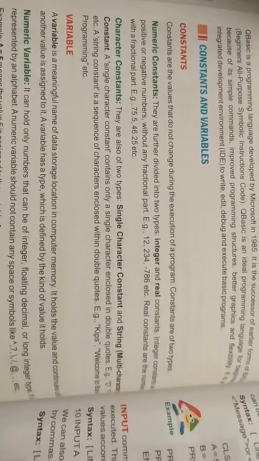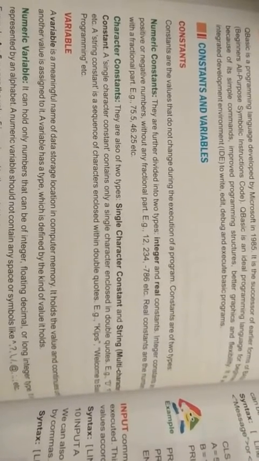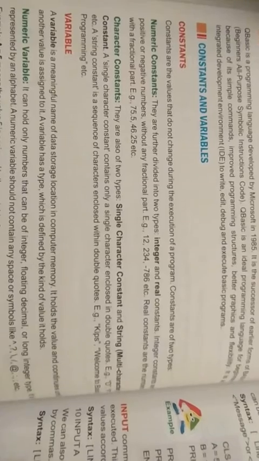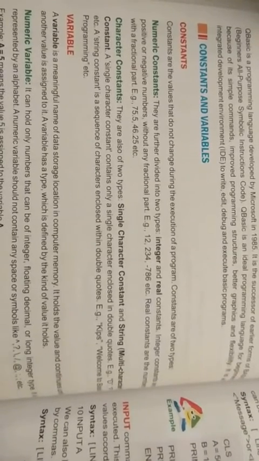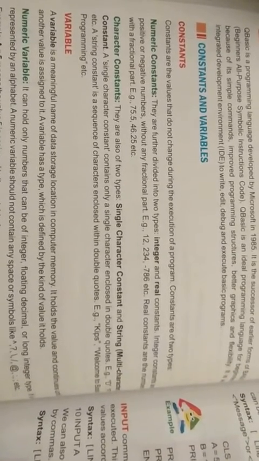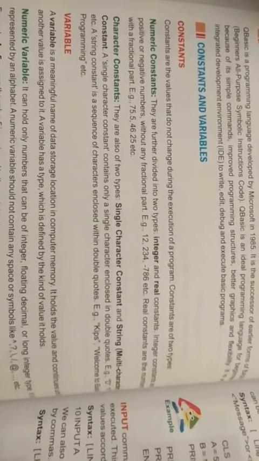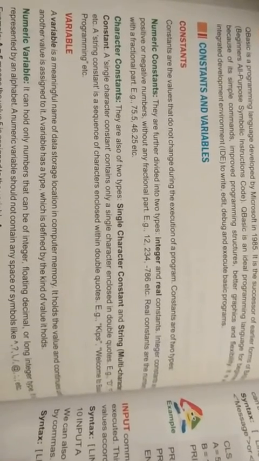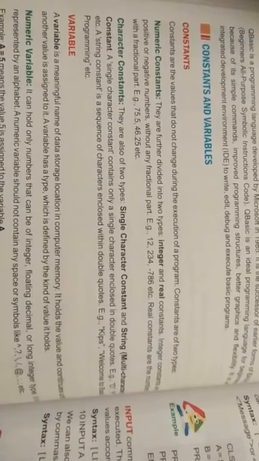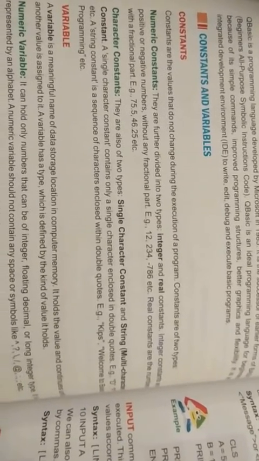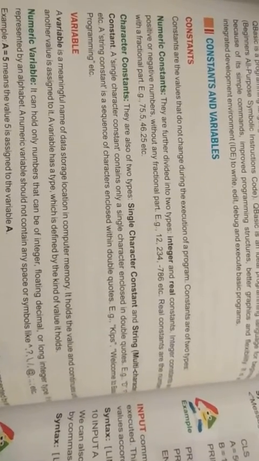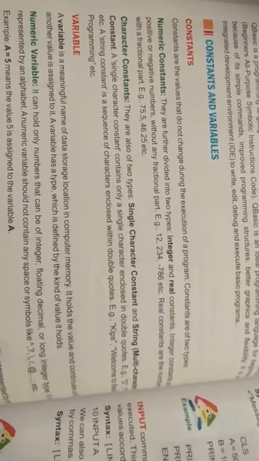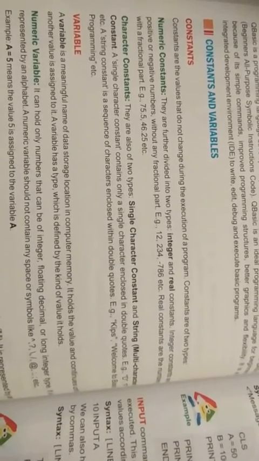So you can say that integer constants cover all the positive and negative whole numbers, and real constants cover all the floating point values that have a fraction part. Okay?